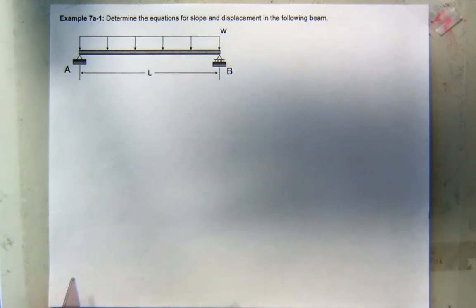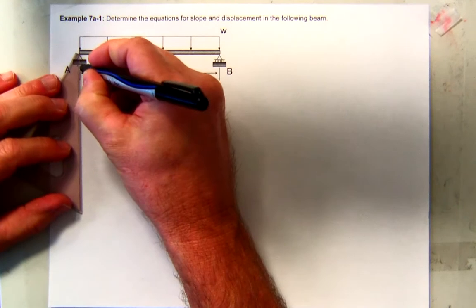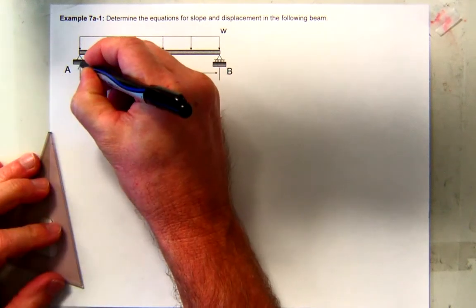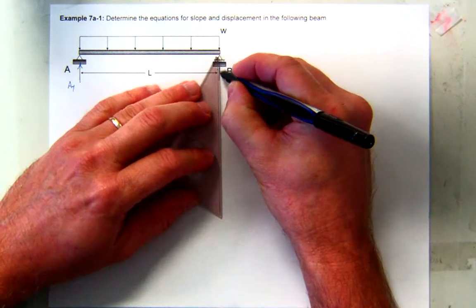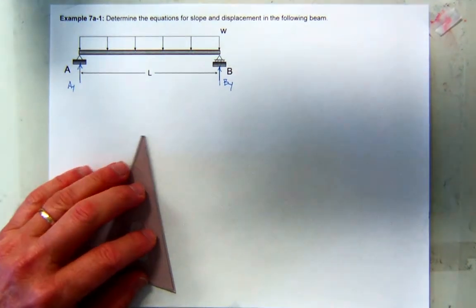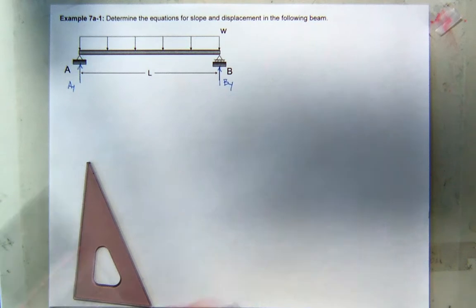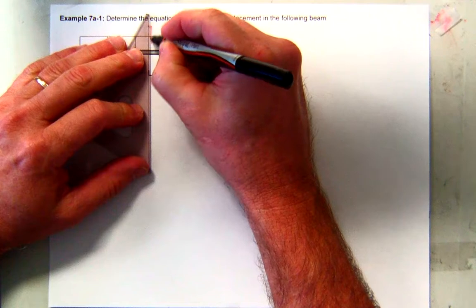So I'm going to cheat a little bit here and write that I've got a reaction here at A, A_Y, and a reaction here at B. And then to be able to find these reactions, I'm going to come up with a concentrated equivalent force for the whole distributed loading.